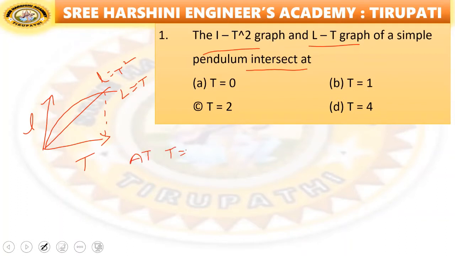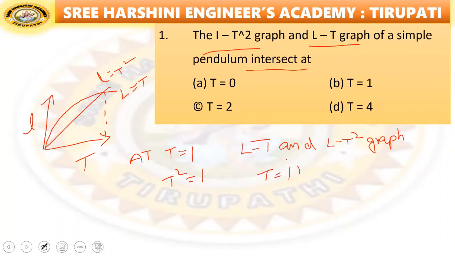At T equal to 1, T squared is equal to 1, right? So in the L-T and L-T squared graphs, the intersecting point is at T equal to 1. For example, T equal to 1, so L is equal to 1. So option B is the right answer.